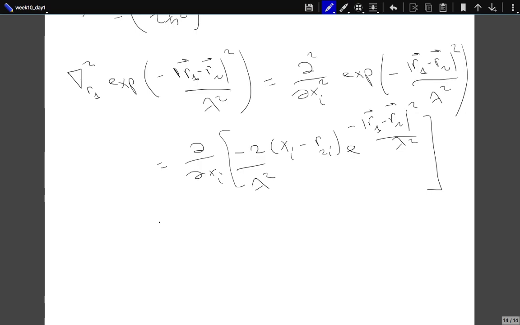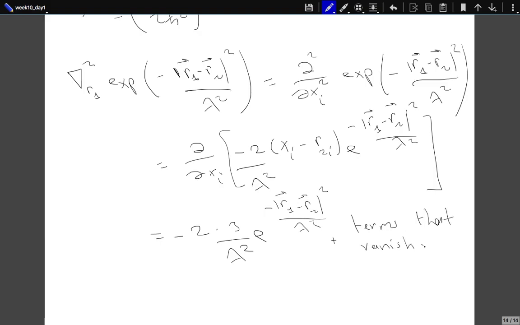So this will be equal to minus 2 times 3 over lambda squared times e to the power minus (r1 minus r2) squared over lambda squared, plus terms that vanish when r1 is equal to r2.